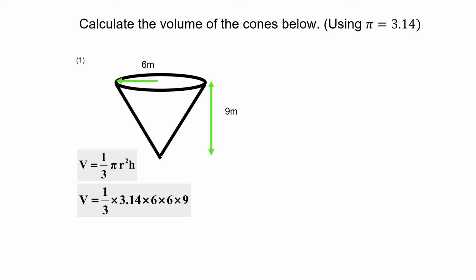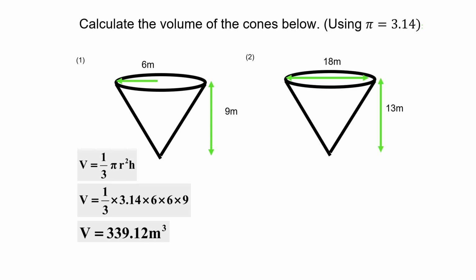Therefore, when we substitute these values in our equation, we have 1/3 multiplied by 3.14 multiplied by 6 multiplied by 6 multiplied by 9, which gives us 339.12 cubic meters. Good job. Try this second one now.